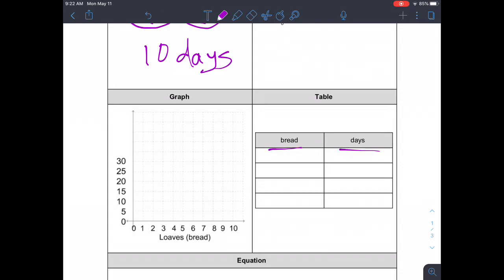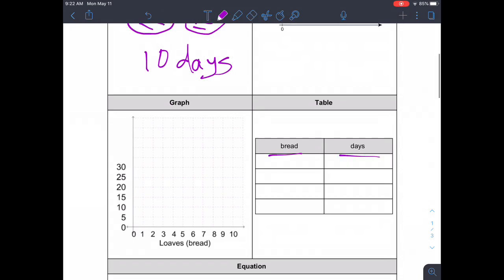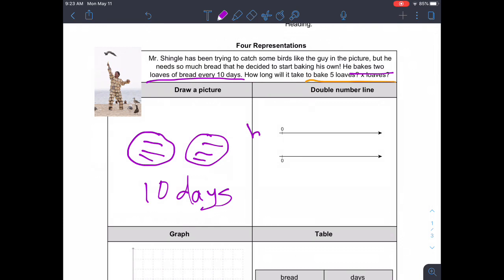So one line is bread, one line is days, and we know from the problem that he makes 2 loaves of bread every 10 days. The question was, how long will it take to bake 5 loaves of bread and X loaves? We'll deal with X loaves at the end when we get to the table. That's where we're a little more used to seeing it.